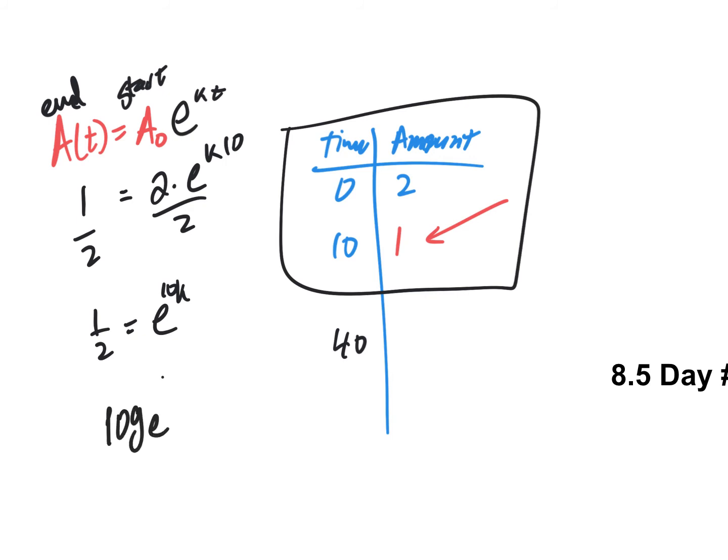Log base e of 1/2 is equal to 10k. Put a 1/10 in front of it because I'm timesing both sides by 1/10. And 1/10 log base e of 1/2. Raise your hand if you had that one right.